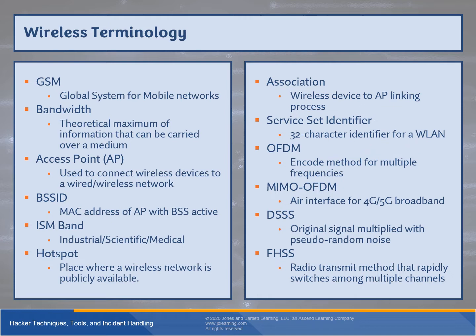So if you go over to Barnes & Noble or your local cell phone provider, the T-Mobile store or the Verizon store, you will have a local Wi-Fi network so that you can test out products, things like that. Association, this is the process of linking an access point to a wireless device.